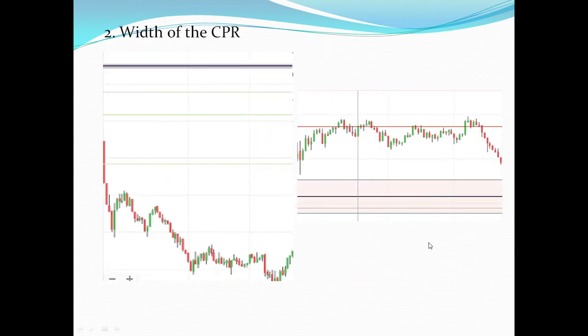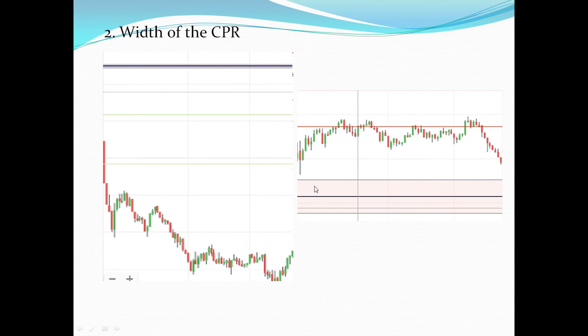Now, width of the CPR. Width of the CPR is also more important. The width of the CPR depends on the trading activity of the previous day. If the trading activity was too narrow, then the CPR will be very narrow. Here you can see the first CPR is too narrow.